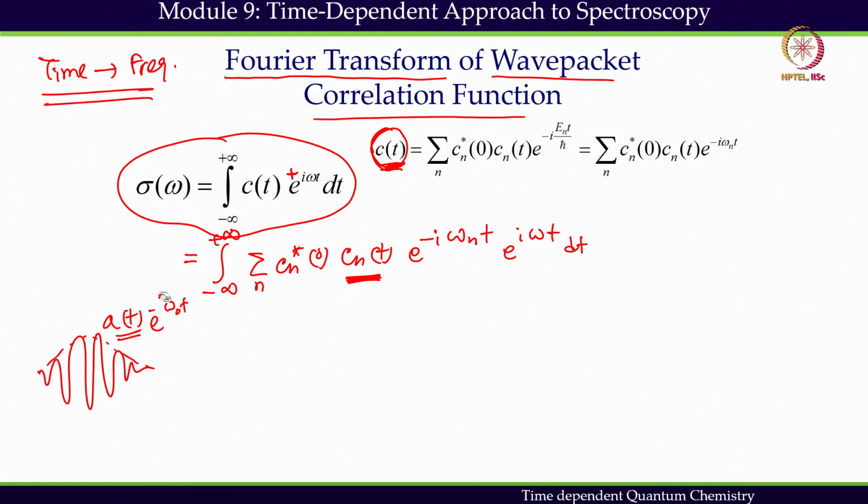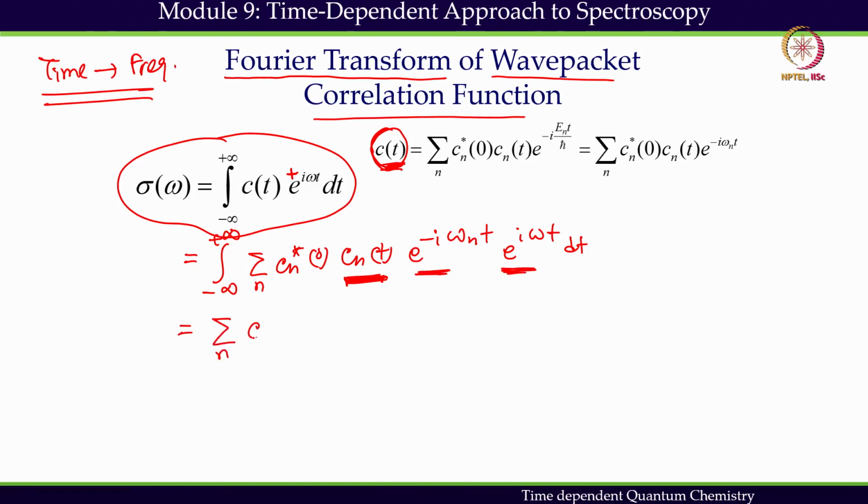Following a similar note, if we consider that Cn(t), although it is time dependent, is varying very slowly compared to these two oscillatory terms, then we can take it out of the integration and write down Cn star 0 Cn(t), then the integration from minus infinity to plus infinity of e to the power i omega t, e to the power minus i omega n t dt.